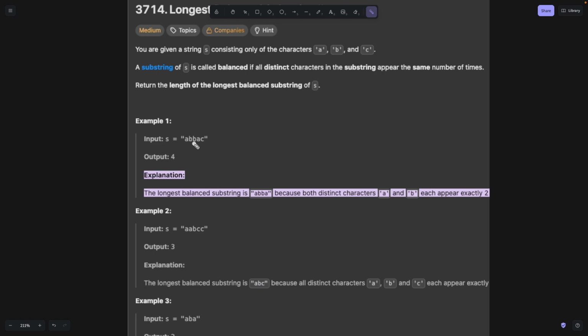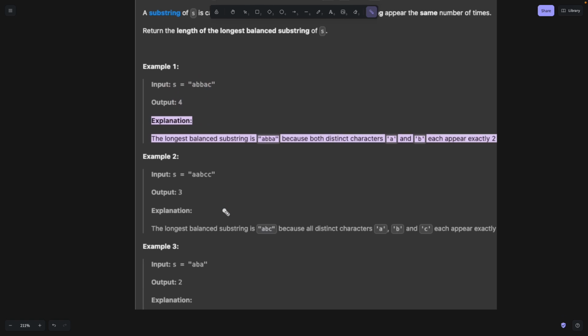So this could be one possible balanced substring, but the length of this substring is 3 only, so this is not the best possible answer. But in the case of the substring A, B, B, A, we have only 2 distinct characters, and the count of both of these characters is 2. That's why it is a balanced substring, and its length is 4. That's why the maximum result is 4 over here.